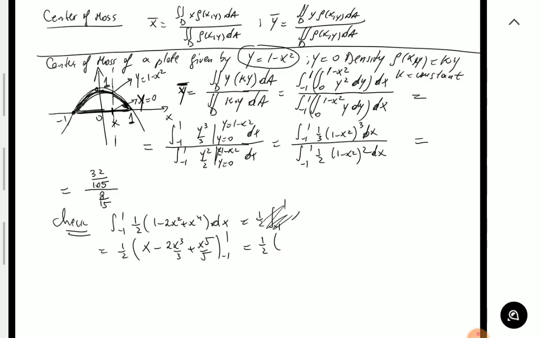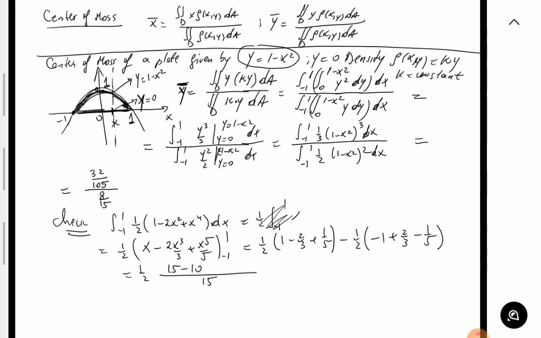So we're going to have 1/2 times 1 minus 2/3 plus 1/5. And then subtract 1/2 times what you get when you plug in -1: -1 plus 2/3 minus 1/5. If you factor out 1/2, the common denominator is 15. And then you're going to end up with 15 minus 2 times 5, which is 10, plus 3. You can pause me and go slower if you want to check this.